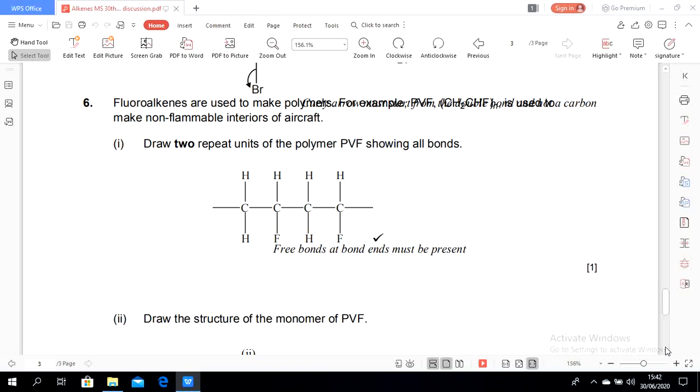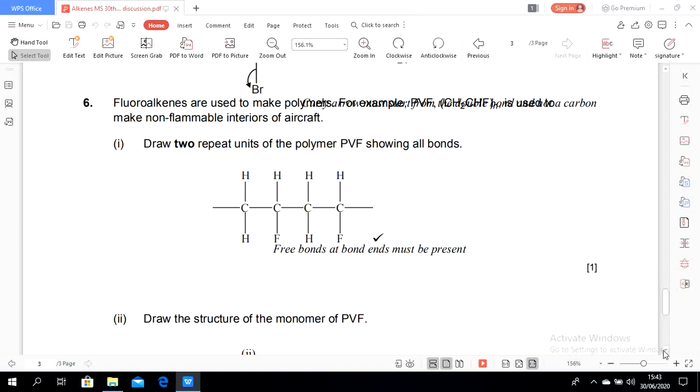In fact, one carbon can make 4 single bonds, so there should be 4 atoms. But here there are only 3 atoms. It means 1 electron of the carbon is making a double bond. Okay, so this is the polymer of the PVF.